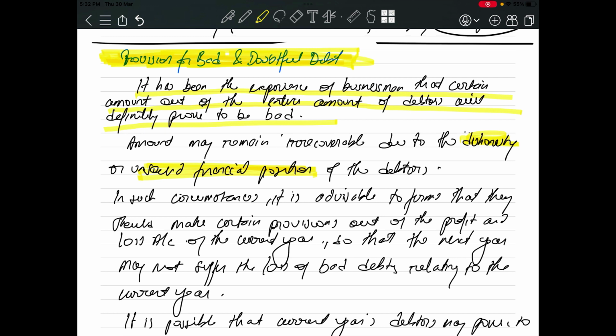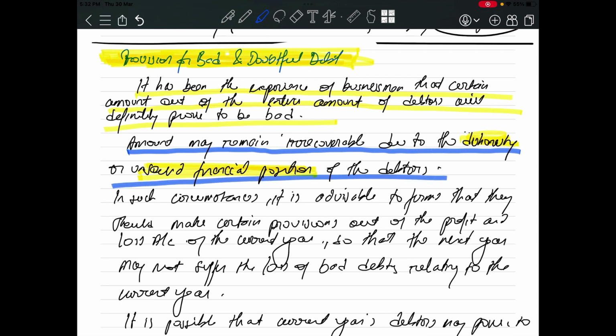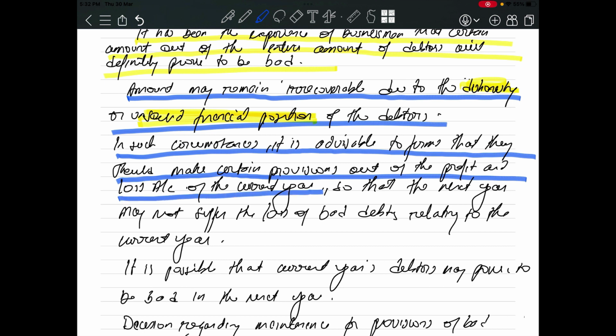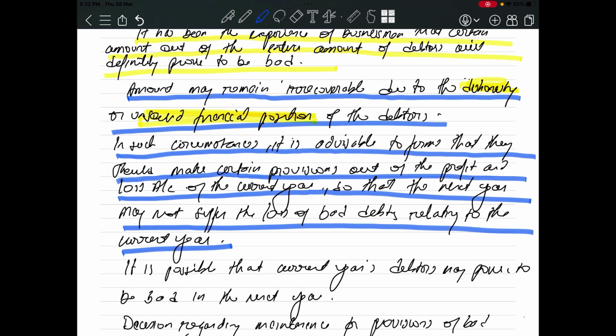The amount may remain irrecoverable due to dishonesty or unsound financial position of the debtor. In such circumstances, it is advisable to firms that they should make certain provisions out of the profit or losses for the current year, so that the next year may not suffer the losses of bad debts relating to the current year.